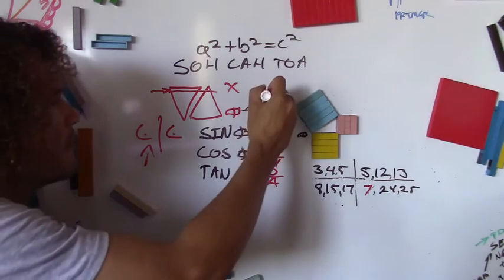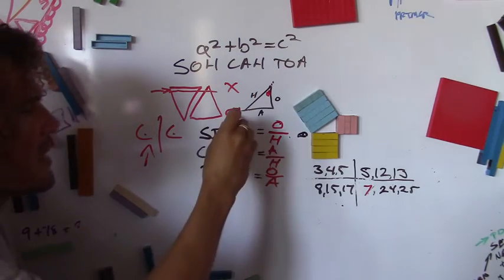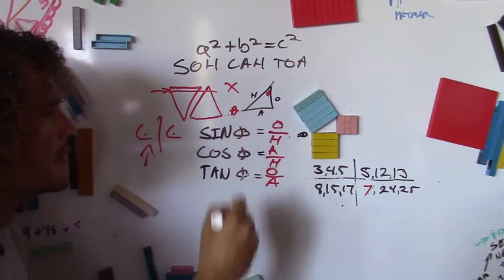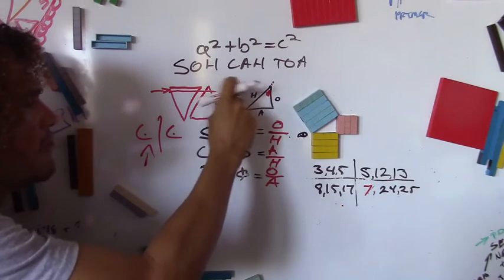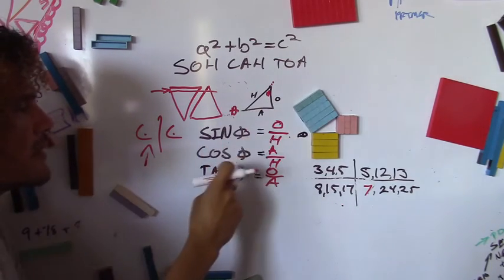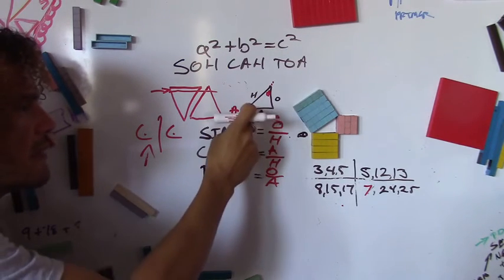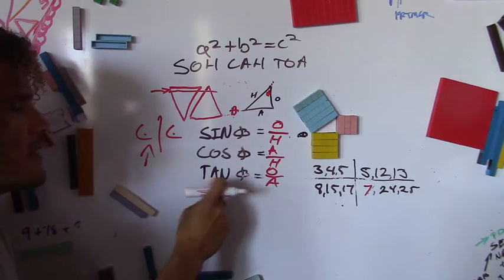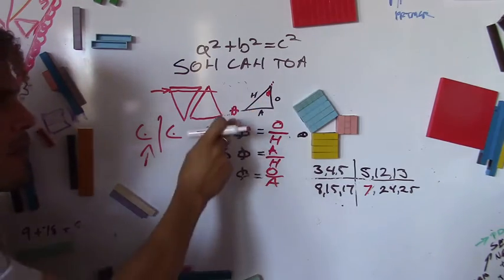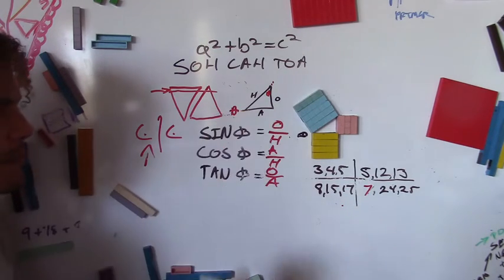I can use phi or some other symbol for another angle. Looking from this angle, I'm talking about opposite over hypotenuse. Looking from this angle, adjacent over hypotenuse, the relationship between this and that. Tangent is opposite over adjacent. But I'm always looking from that angle, so theta tells me I'm looking from the same place.